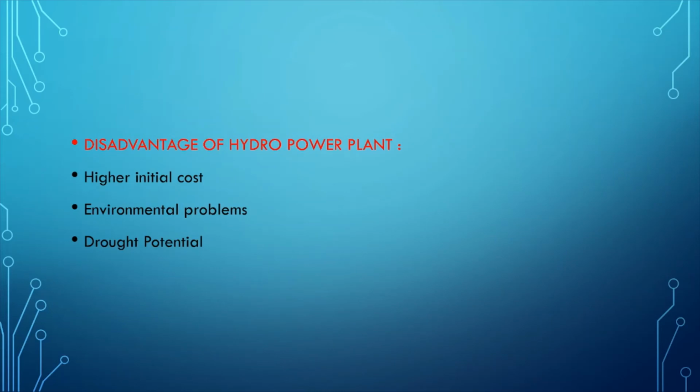The first one, higher initial costs. It means exactly that building any type of power plant is expensive. Hydroelectric power plants can cost as much as $580 per kilowatt to build, and they usually range from 10 megawatts to 30 megawatts, where 1 megawatt equals 1000 kilowatts.